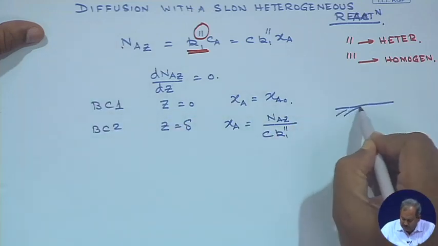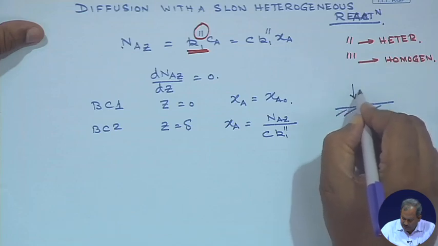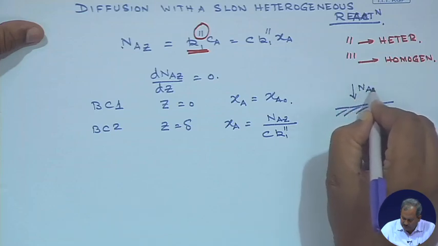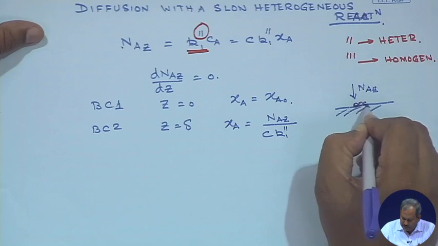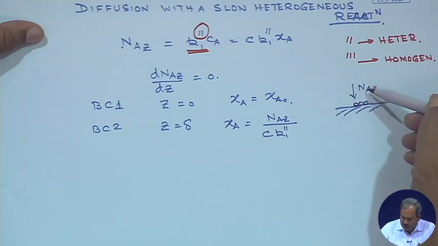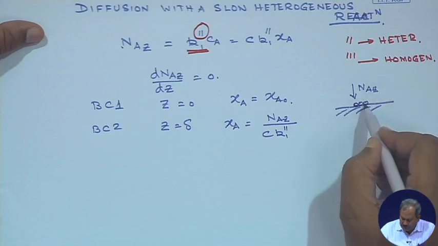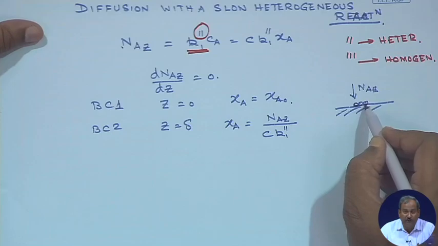So, if this is the catalyst surface, the A which is coming, the N_Az, the flux of A, is coming towards the catalyst surface, and it is getting consumed on the catalyst surface. So, the rate at which A comes in towards the catalyst surface must be equal to the rate at which it gets converted into products.